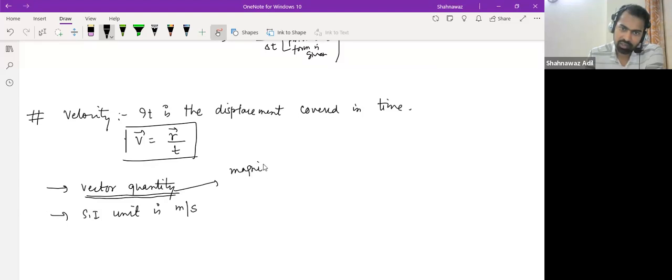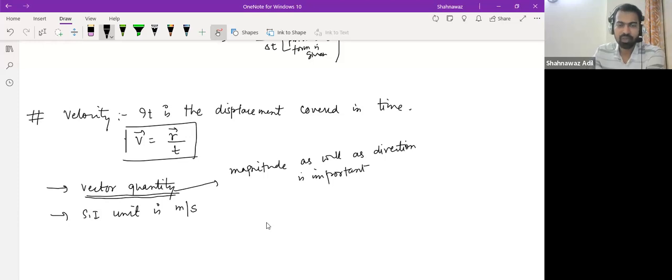So magnitude as well as direction is important, right? So if we are in the chapter motion in one dimension, right?